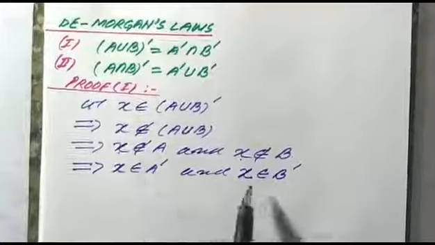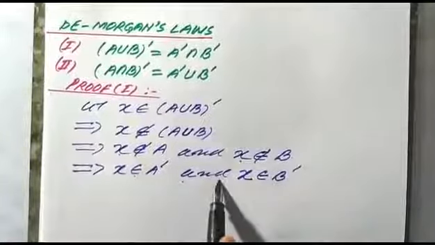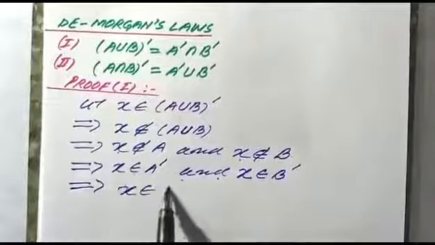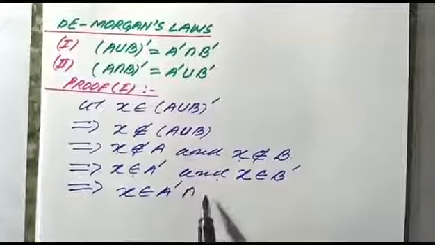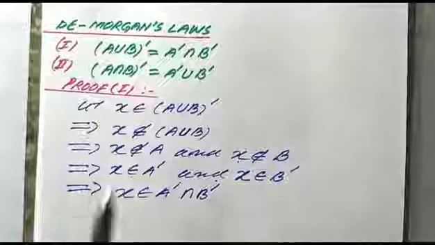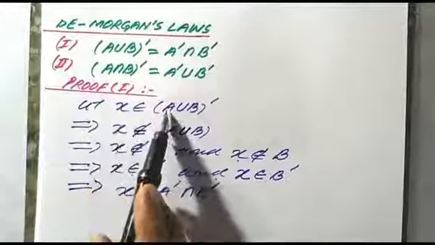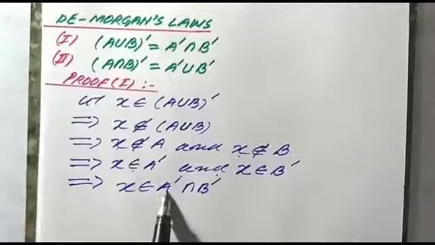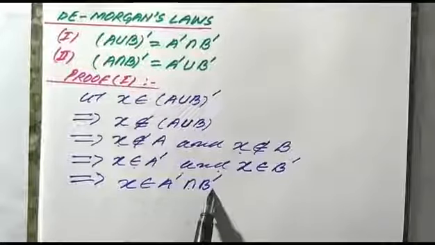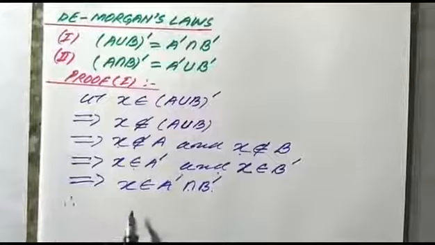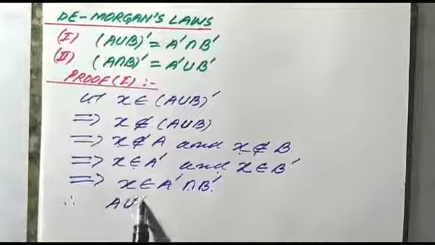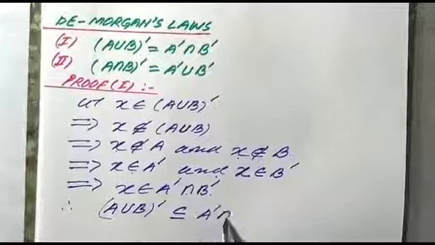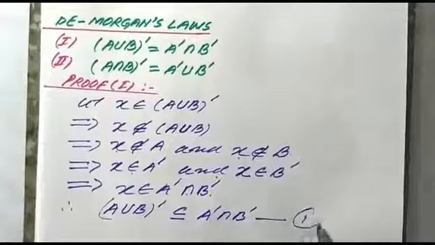Now, because these are belongs to symbols, and intersection stands for and, it implies that X belongs to A complement intersection B complement. So if X belongs to (A union B) complement, then it must belong to A complement intersection B complement. It implies that (A union B) complement is a subset of A complement intersection B complement. Let it be equation number 1.